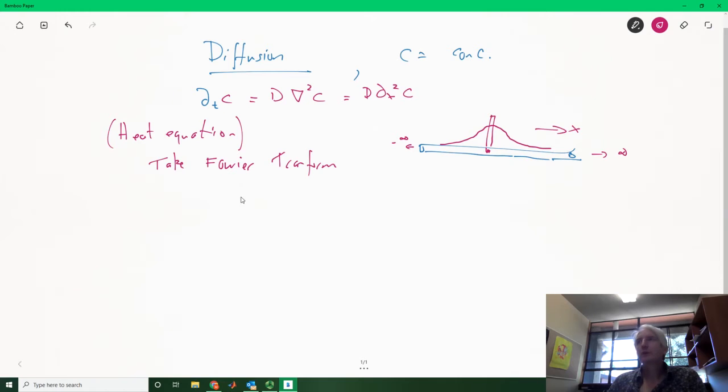Okay, so take the Fourier transform, we get dt of c hat is equal to minus k squared d of c hat. So we can immediately solve in Fourier space and get c hat is equal to c hat naught times e to the minus k squared dt.